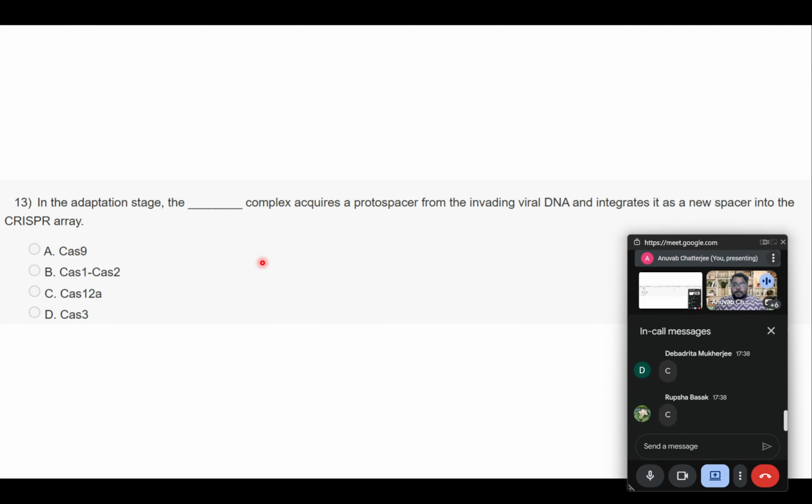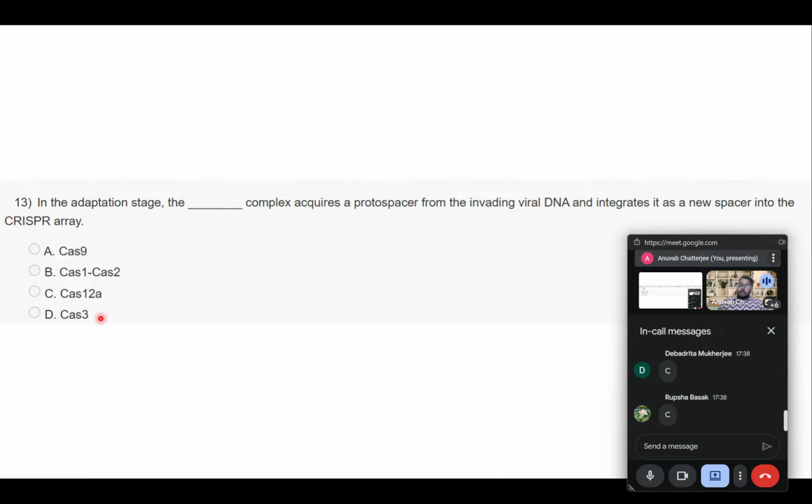So in the adaptation stage, the blank complex acquires a protospacer from the invading viral DNA and integrates it as a new spacer into the CRISPR array. So it is Cas9, Cas1 or 2, Cas12a or Cas3.